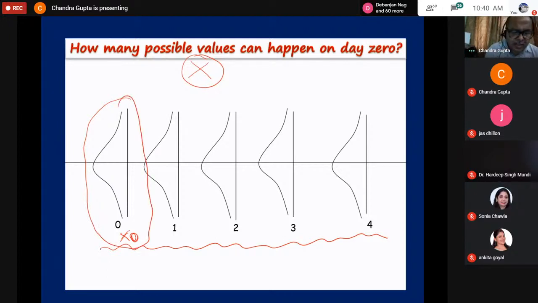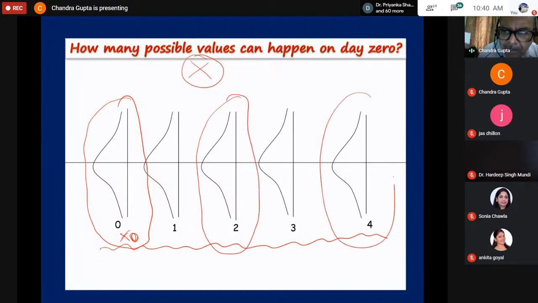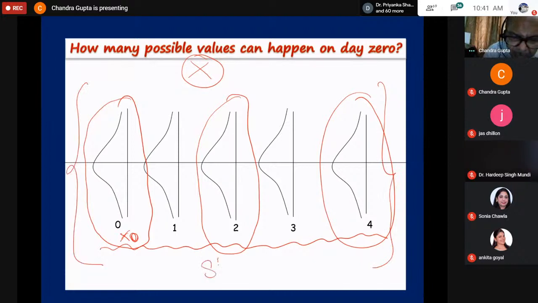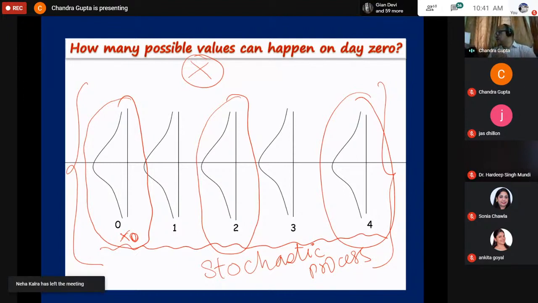Then this is the value of the random variable at period 2, period 4. So if you take a set of all these, then we get what is called a stochastic process. That's how we understand and visualize the stochastic process.